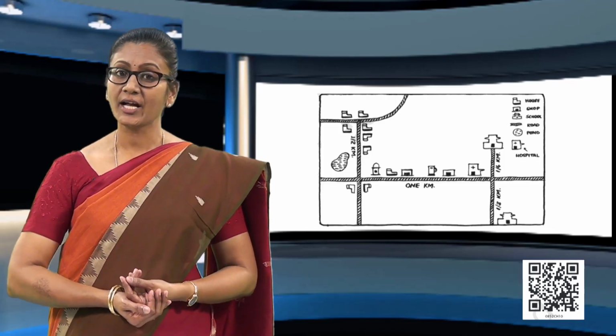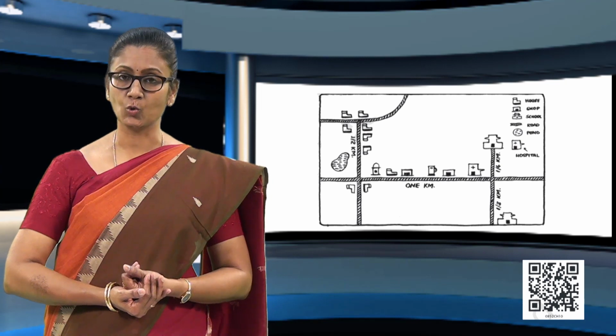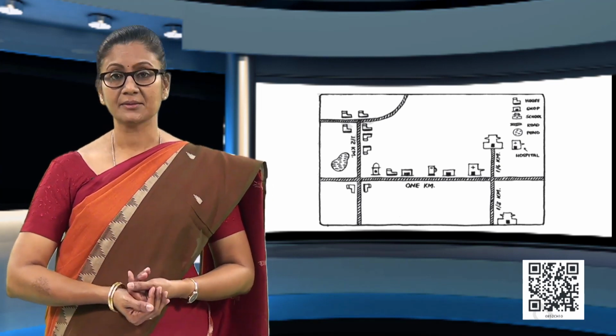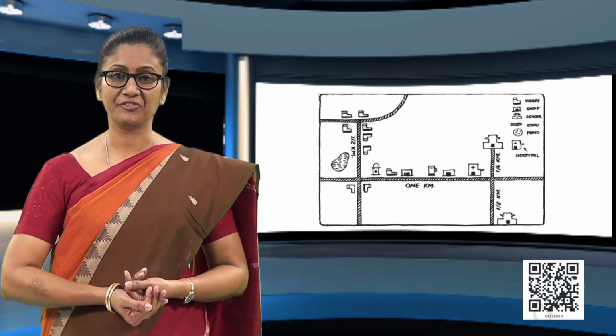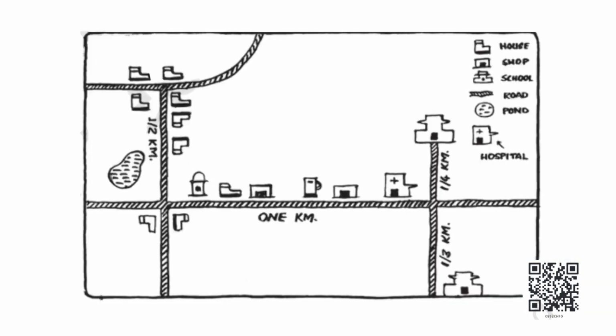Now, look at this map drawn by his sister showing the route from her house to her school. This map is definitely different from the one drawn by Raghav. Here, different symbols are used to depict various landmarks en route to the school.